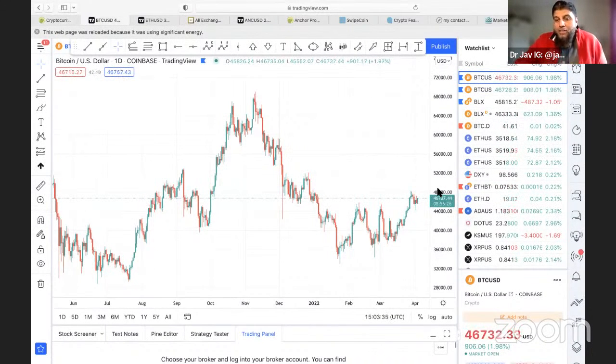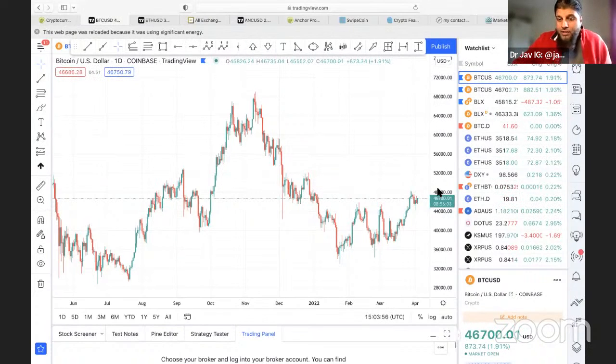Bitcoin has been the highest appreciating asset class of all asset classes since 2009, and that includes gold, property, indices, any other commodity in the marketplace. So Bitcoin has been the highest performing asset class, and currently the price is $46,000.